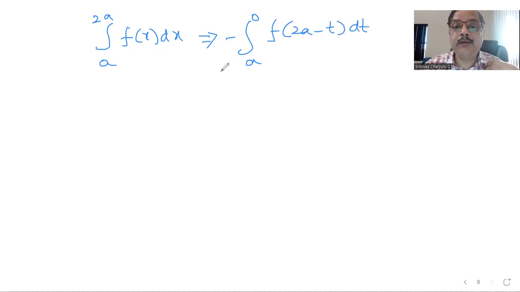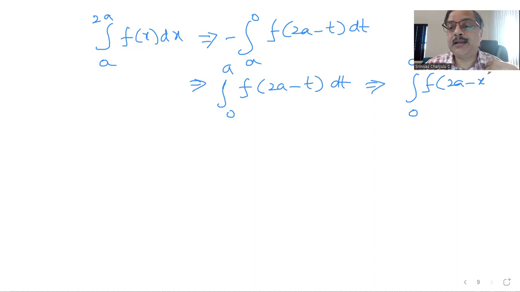This is what we are having. So this we can write as integral 0 to a f of 2a minus t dt. So this also can be written as 0 to a f of 2a minus x dx. Now, therefore, our total integral 0 to 2a f of x dx.